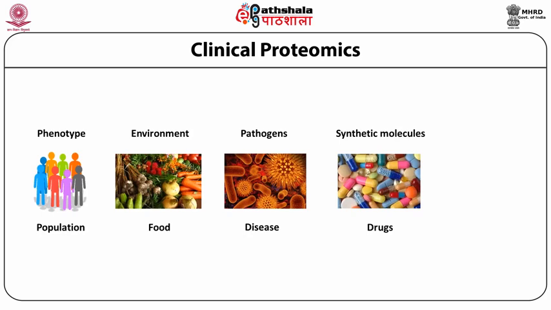Now, the question that we are asking is, when we have such a wide variety of population across the globe who are exposed to different types of environmental conditions, it gives a different combination of probabilities of how the body responds.